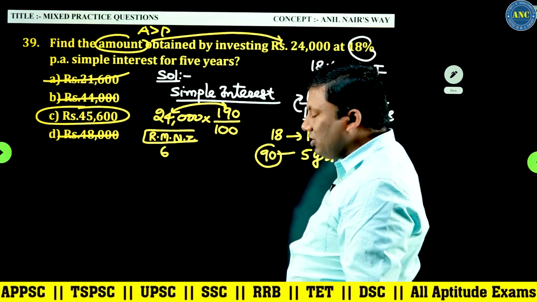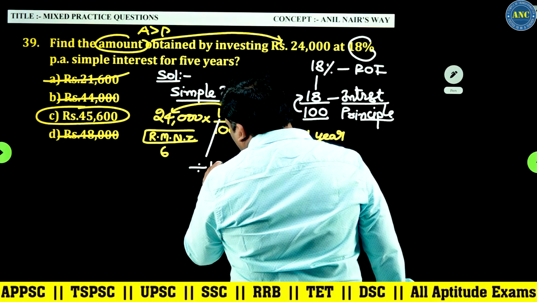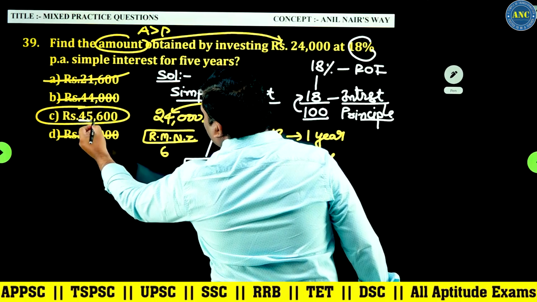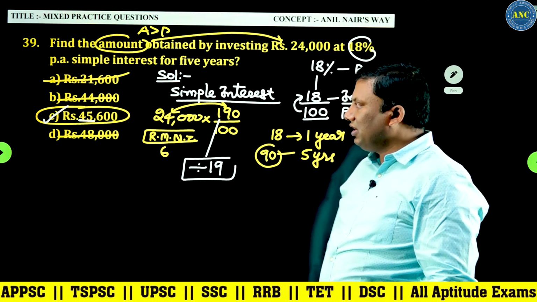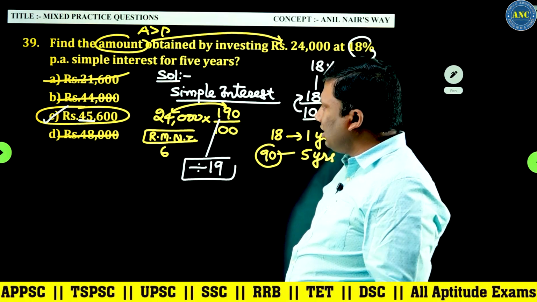Or another way: 190 contains a prime number 19, so the answer should be divisible by 19. 19 2s are 38, 19 4s are 76. Answer for this question is 45,600.